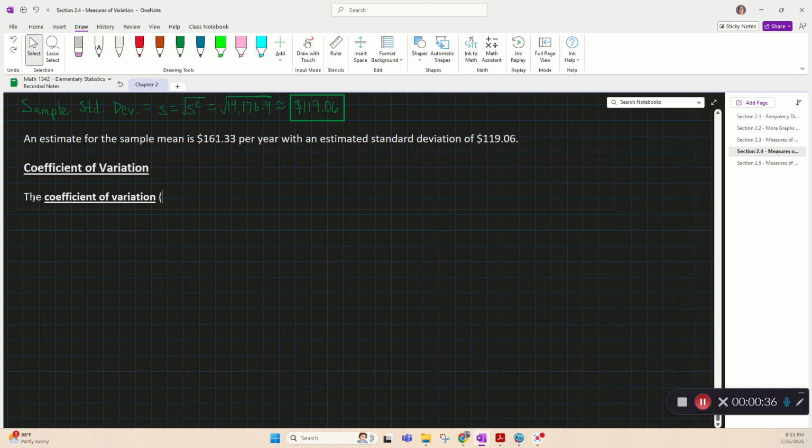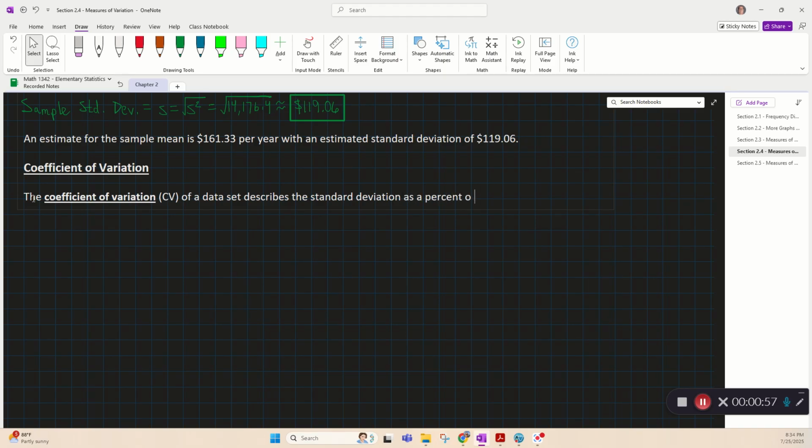For a data set, it describes the standard deviation as a percent of the mean.